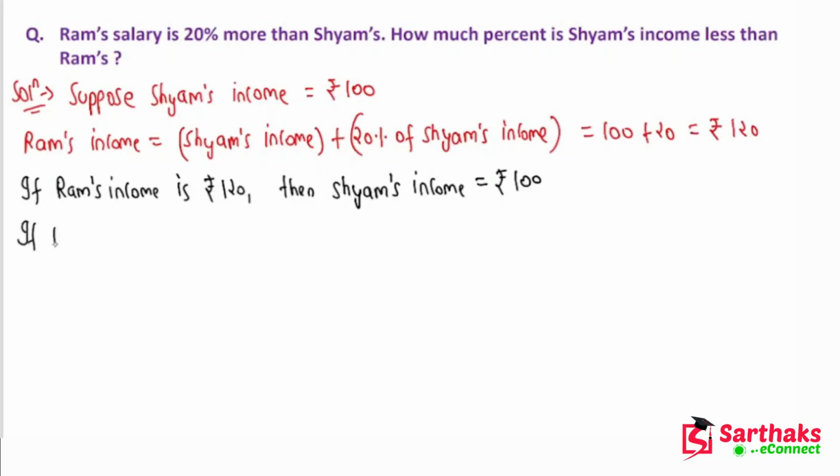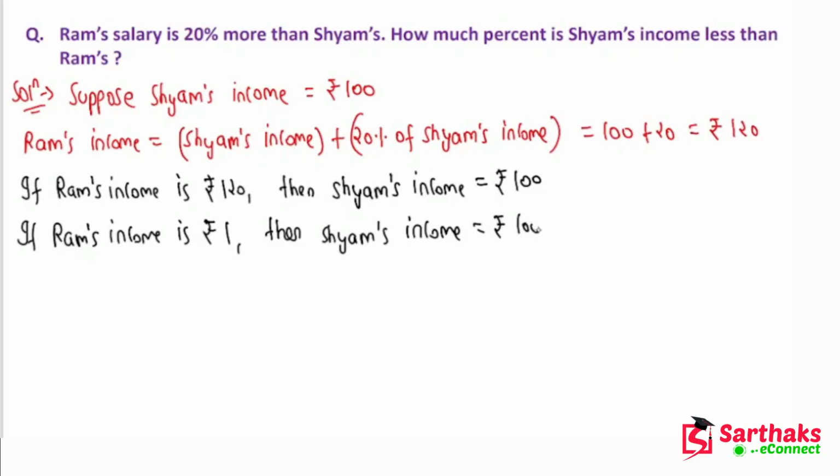Which clearly implies that if Ram's income is rupee 1, then what will be Sham's income? It simply says that divide both sides by 120 and you will get 1, and here you will get rupees 100 upon 120, right? So if Ram's income is rupees 1, then Sham's income will be rupees 100 upon 120.